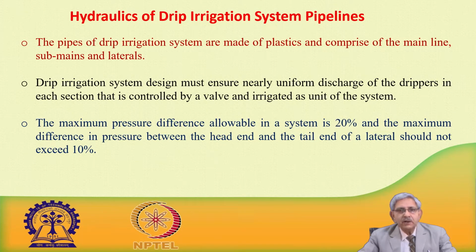The maximum allowable pressure difference in the whole system is a limit which has been given: the allowable pressure variation should not exceed 20%. And in the lateral, the pressure head variation should not exceed 10%.